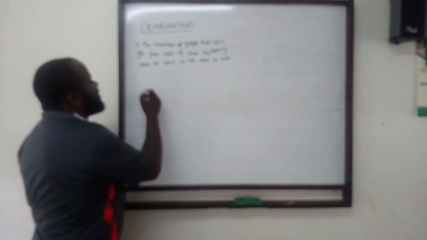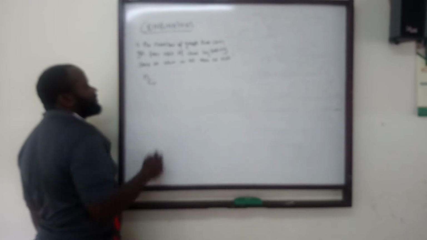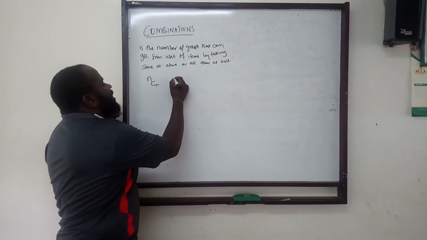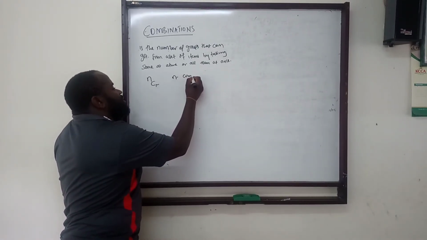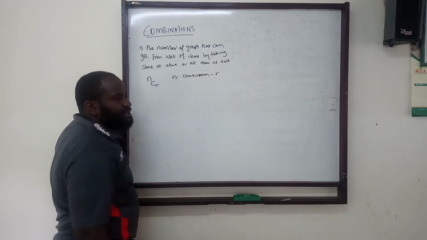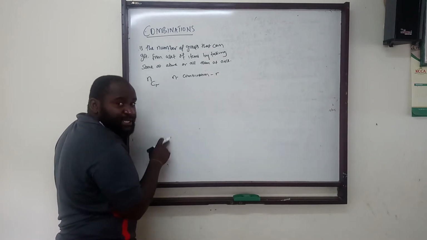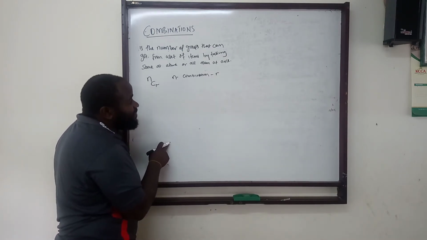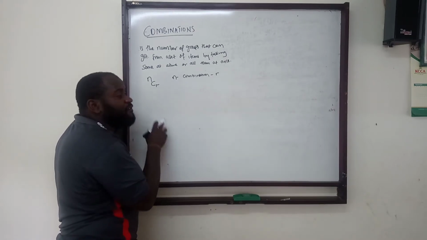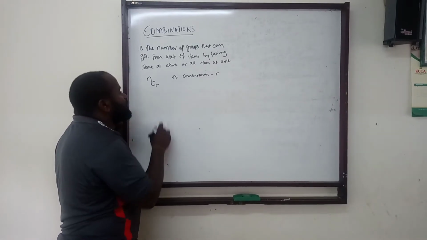So it's defined mathematically by saying n combination R. This is read as n combination R, meaning you are taking from n items, you are picking R at a time. And those R items you're picking at a time, they're going to give you the different groups you can form out of a set of n items.